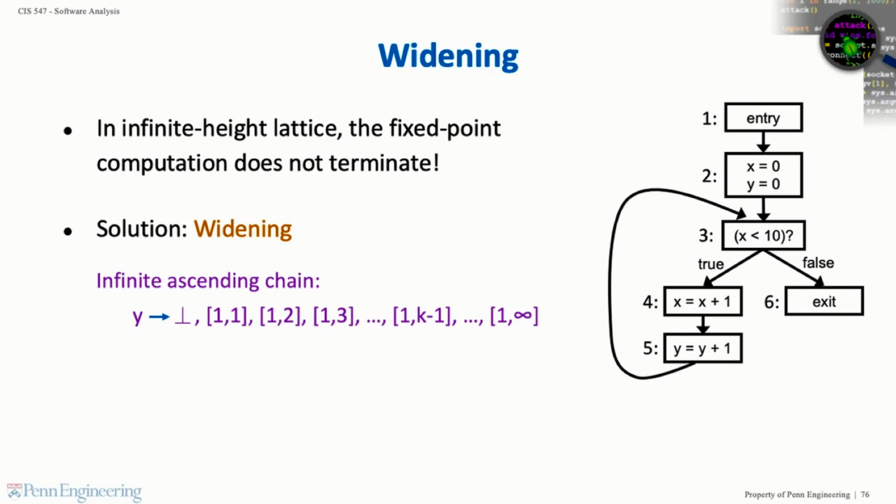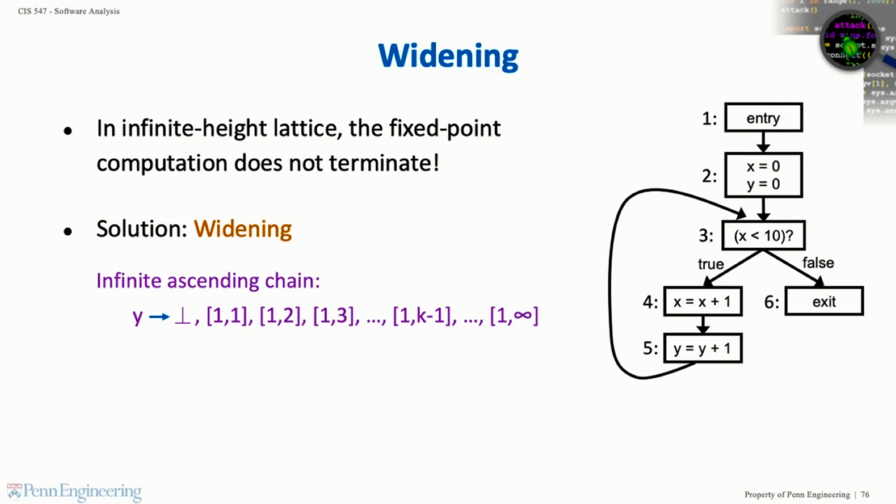A widening operator's purpose is to compress infinite chains to finite length. The widening operator considers the most recent two elements in a chain. If the second is higher than the first, the widening operator can choose to jump up in the lattice, potentially skipping elements in the chain.